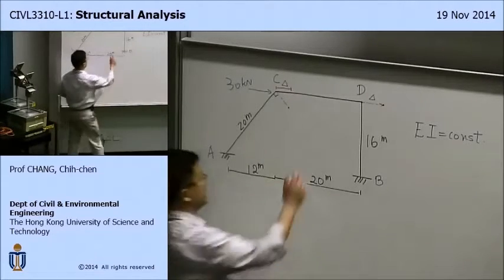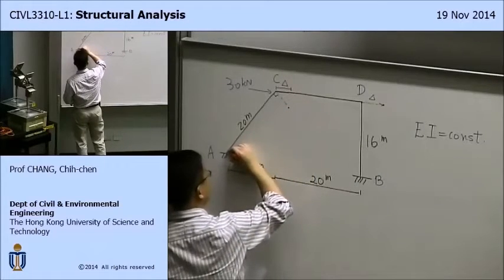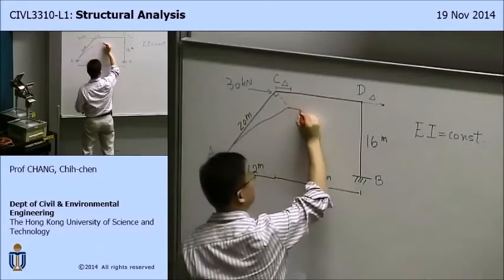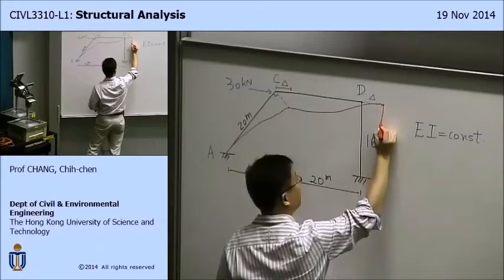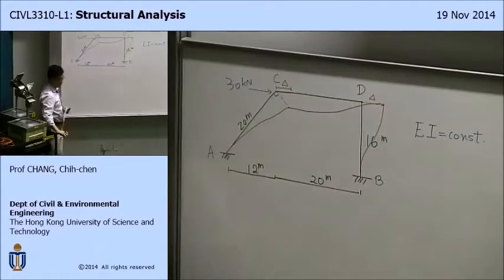All right, so with that, I can draw the possible deformation shape. This is going from here to here, and then there, goes up. Maybe something like this.